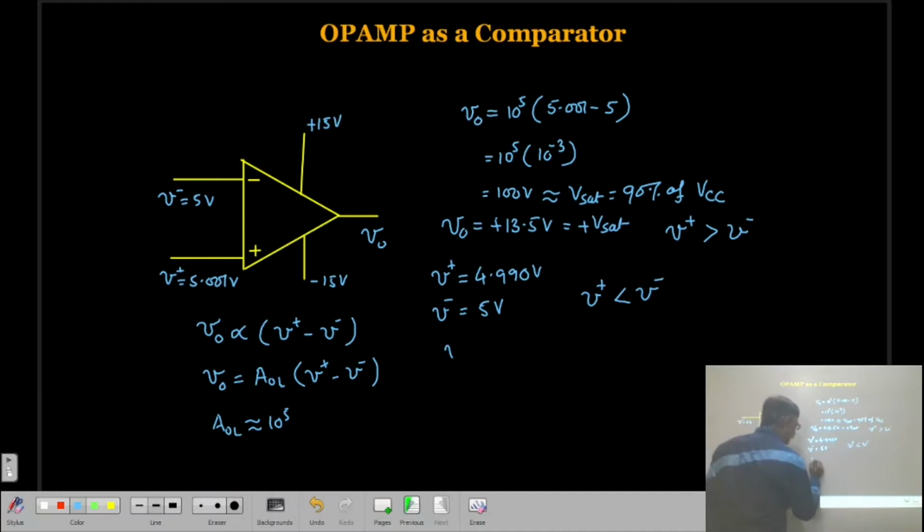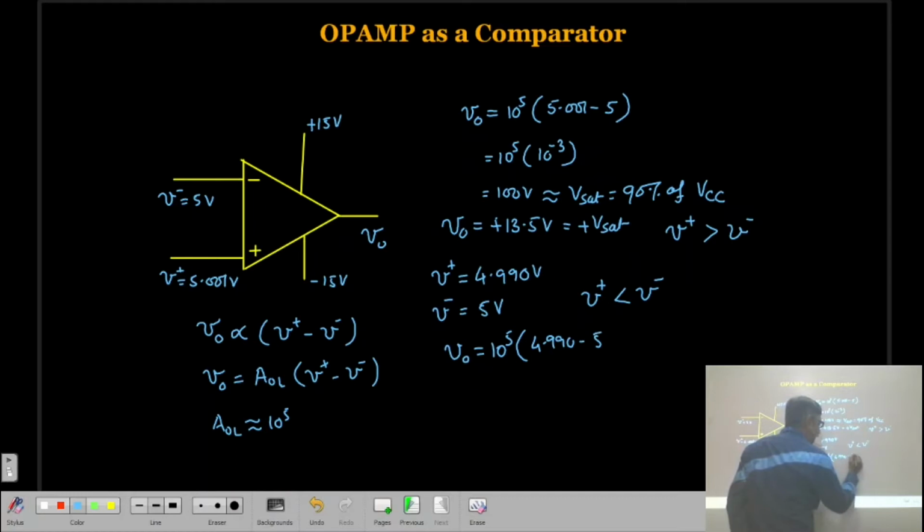So here if you calculate, this output voltage will be equal to 10 raised to 5 into 4.990 minus 5, then approximately this will be 100 volt.